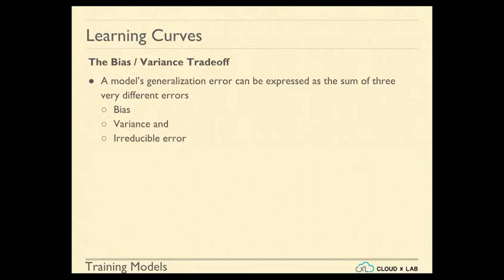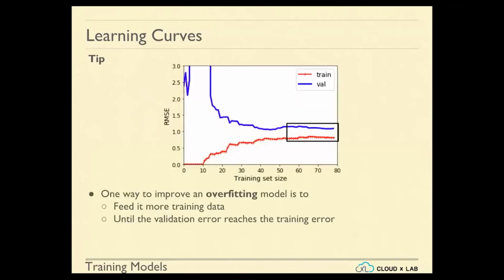At that point you would need to plot these graphs and understand the behavior of your model. If you see this kind of graph, you'll say, hey, this model is definitely overfitting, therefore we can do something to make it better.